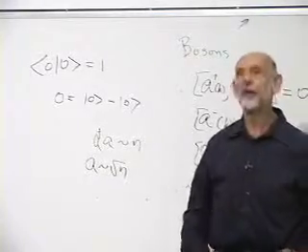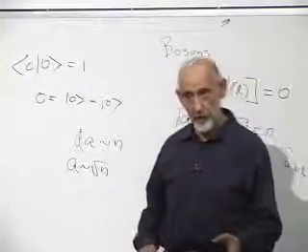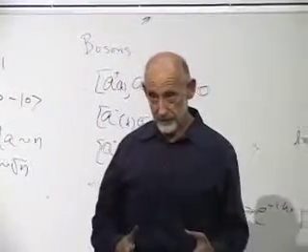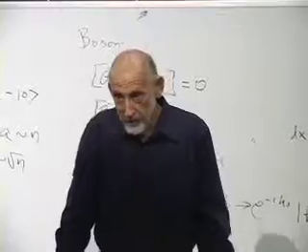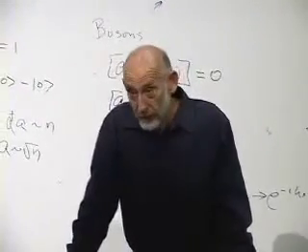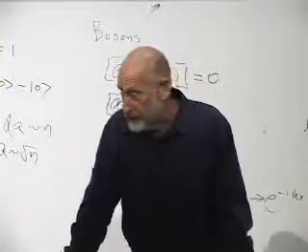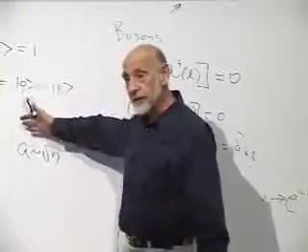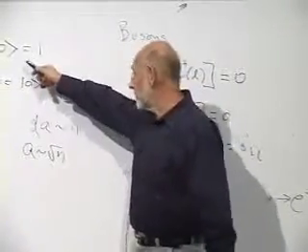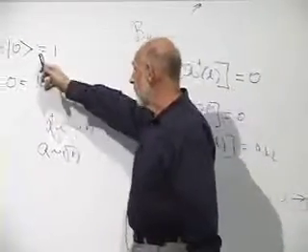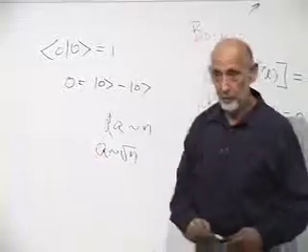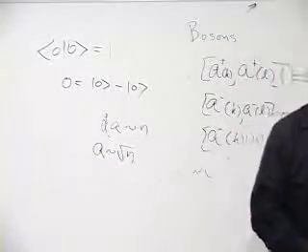It's the vector describing no particles. That's different than the 0 vector. Very, very different. The 0 vector is no vector at all. It doesn't describe anything. This is a perfectly good normalized vector describing no particles, or the ground state of the system.